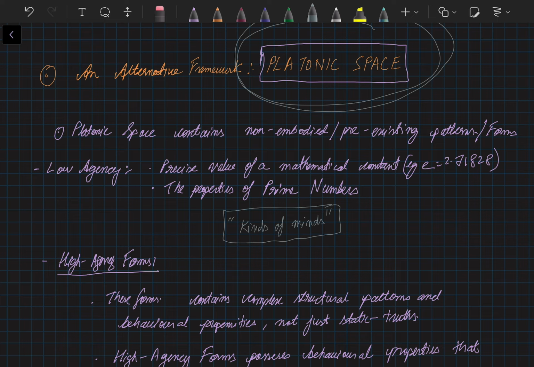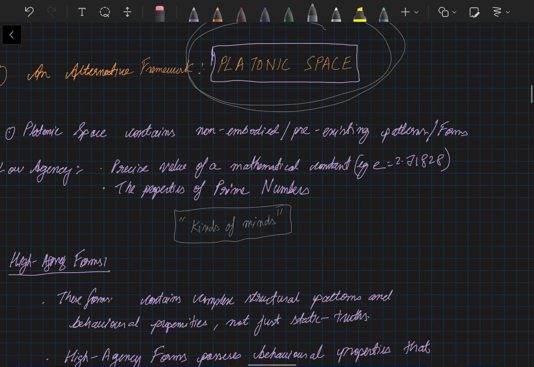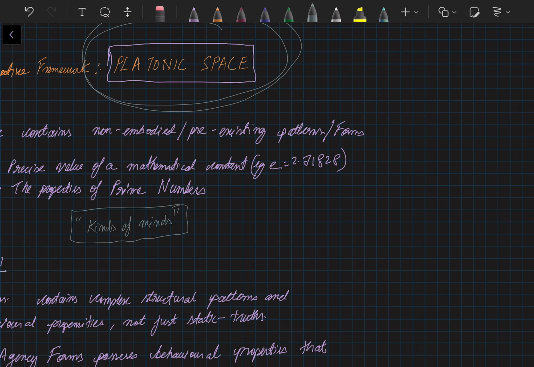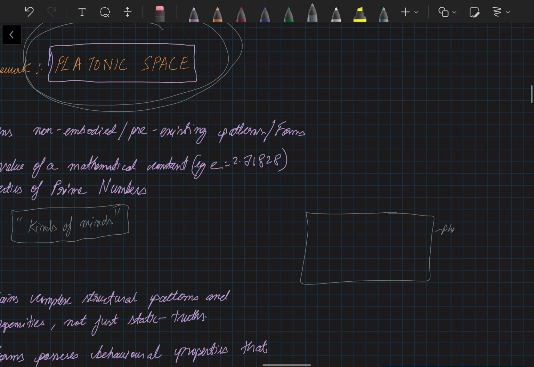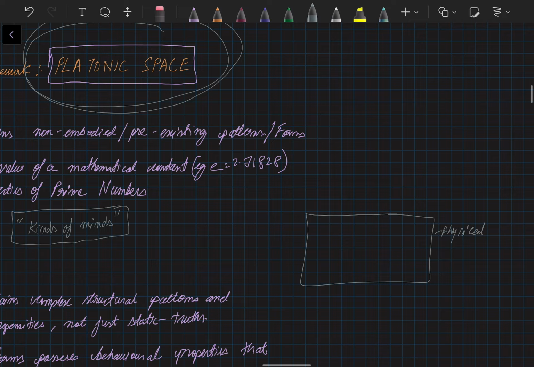So let me try to maybe draw a diagram and try to visualize it. Let's assume that this is the physical world that we live in. This is the physical world. And this is the Platonic space, and this is non-physical in nature.